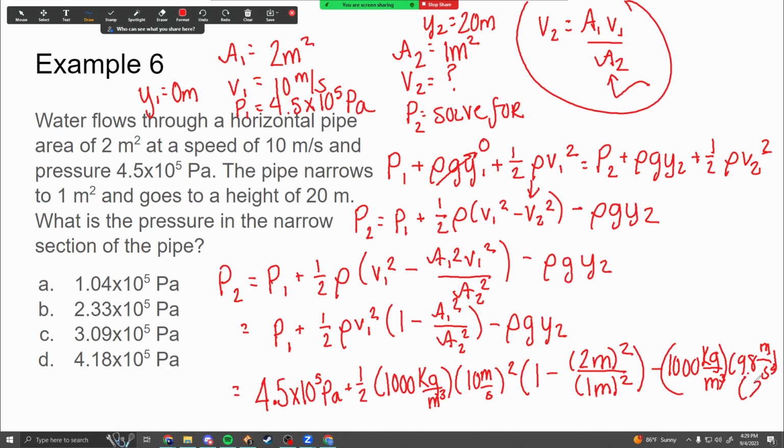And that's also times 20 meters. Sorry, I'm running out of space. And that is equal to 1.04 times 10 to the 5 pascals.